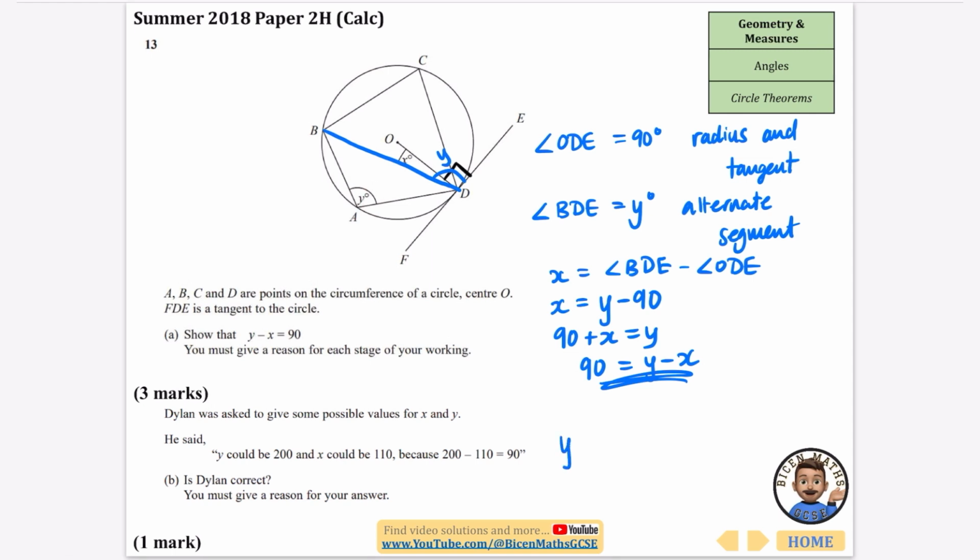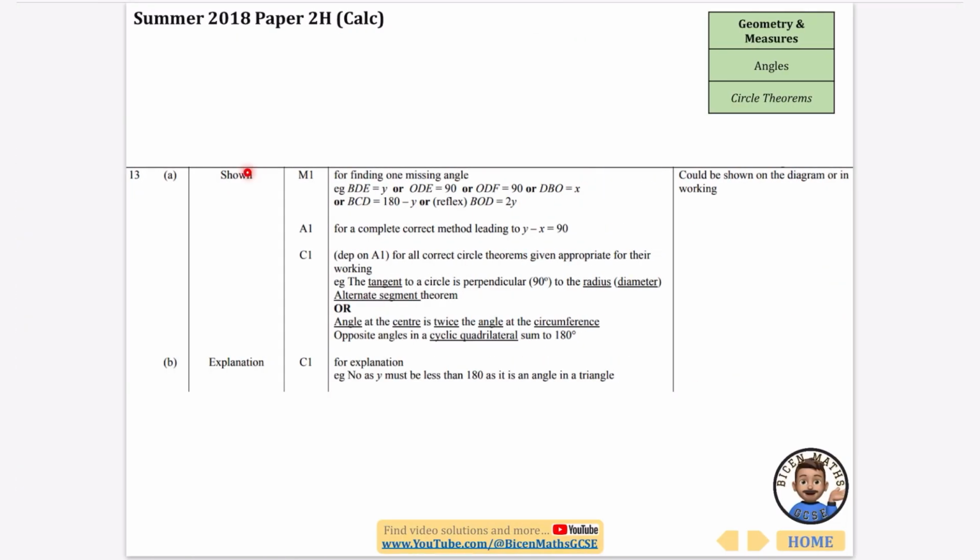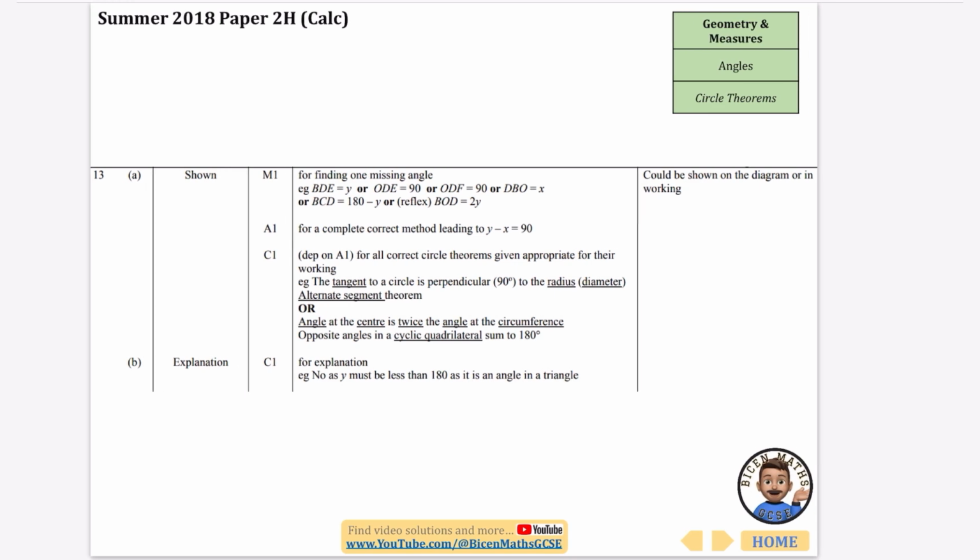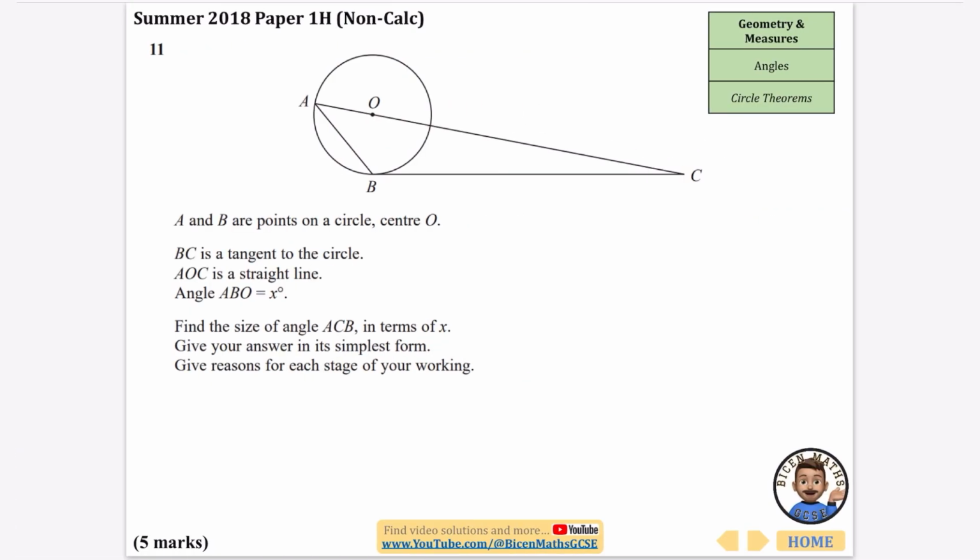And the answer is no. So I'm going to say no, and the reason is y cannot be 200, as angles in a triangle only add to 180, so there's no way that it could be bigger than that, okay? So a bit difficult to see this because it was a show that question, but the explanation, no, y must be less than 180 because it's an angle in a triangle. So we've got that part answered there as well.